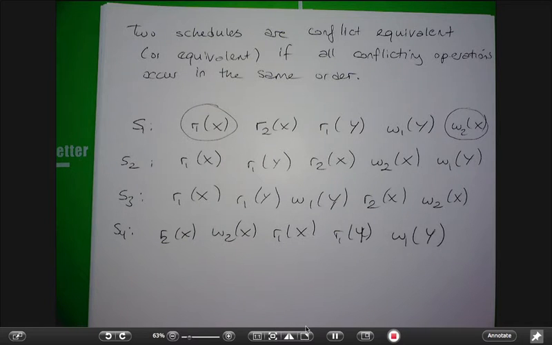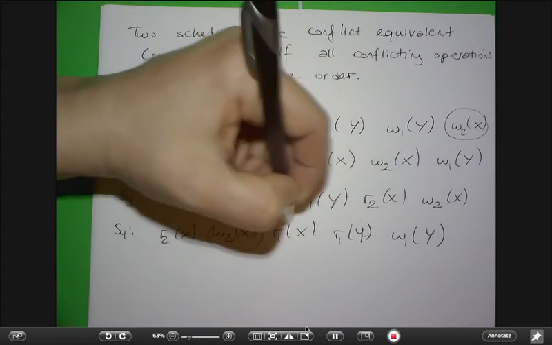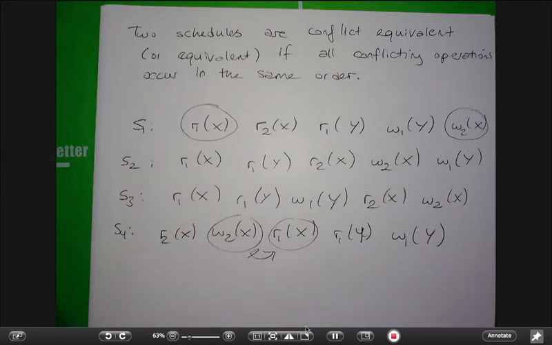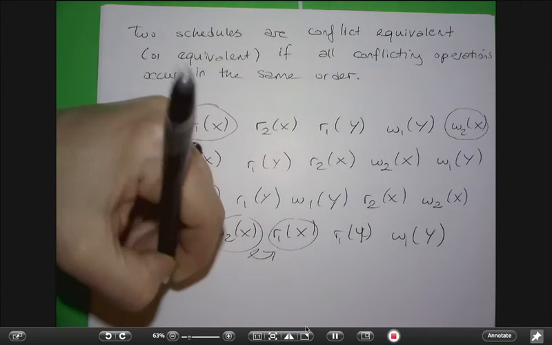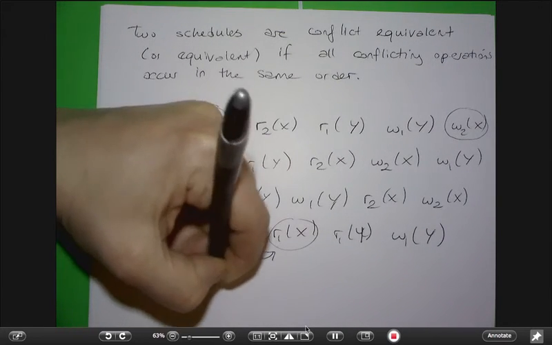So if you have a schedule that reverses this, then you are not guaranteed to get the same result. For example, here, this is reversed. So S1 and S4 are not conflict equivalent. S1 and S4 may produce different results, right?